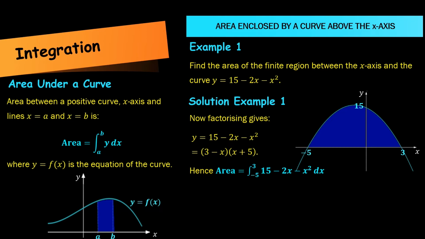So area equals the integral from minus 5 to 3 of 15 minus 2x minus x squared dx. And so integrating this term by term, we obtain 15x minus x squared minus x cubed over 3.